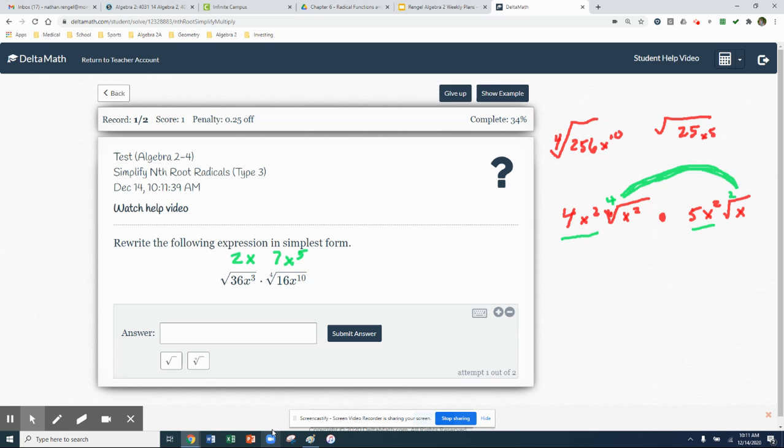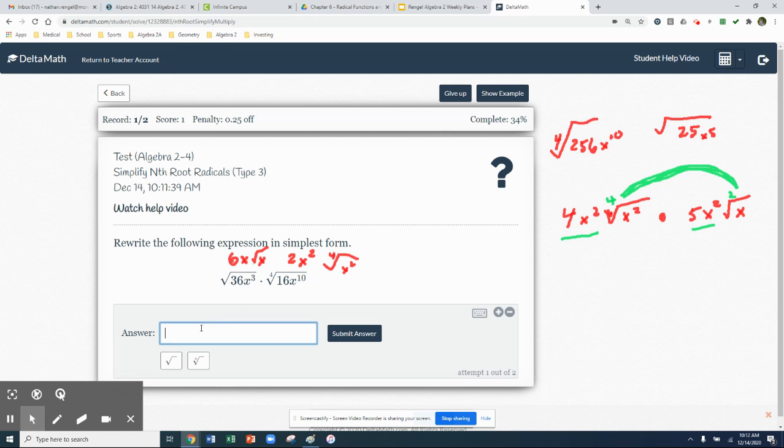All right, let's try another one here. We have the square root of 36 x to the third. That one I can take, and this is going to cause us to see one like Jack's. So this will be a 6x and then a square root of x left underneath. Then the fourth root of 16 would be 2, and 10 is not divisible by 4, but 8 is, so I'm going to take an x squared out because I'm doing 8 divided by 4, leaving me with a fourth root of x squared underneath.